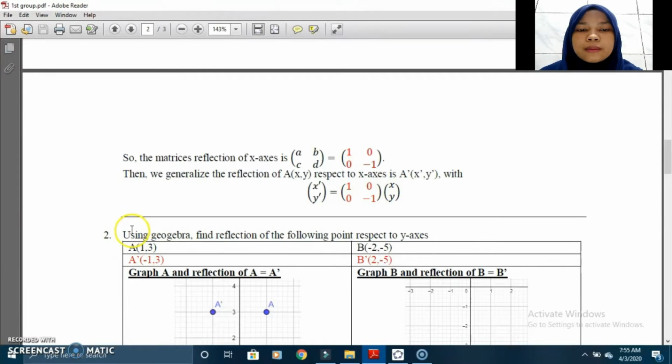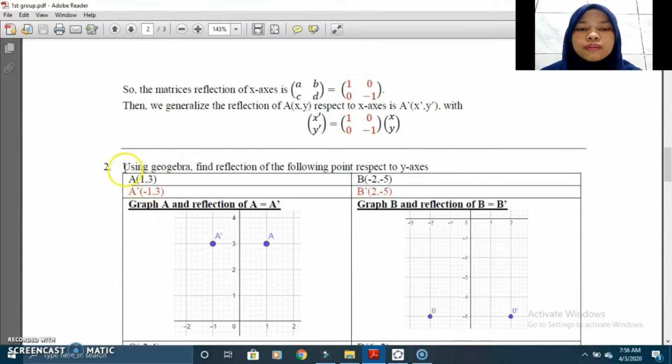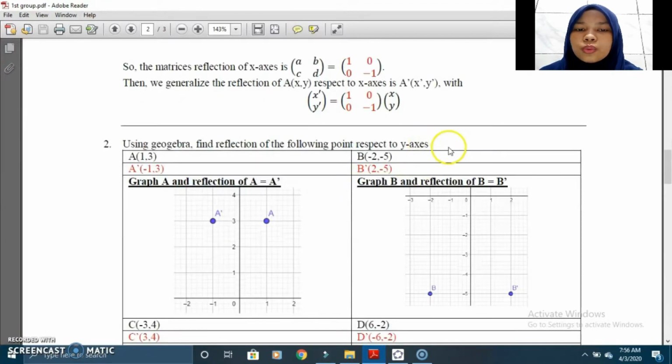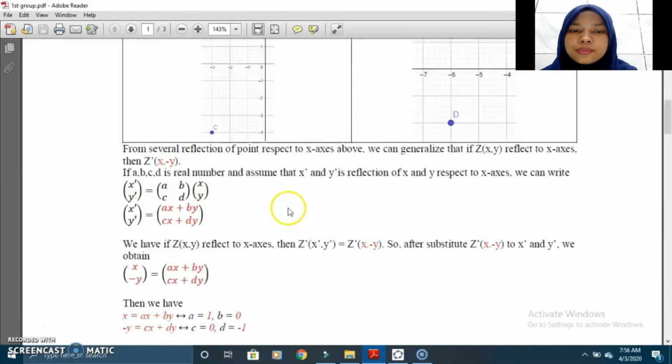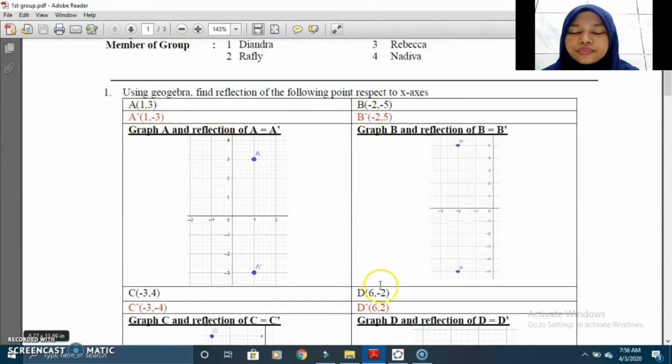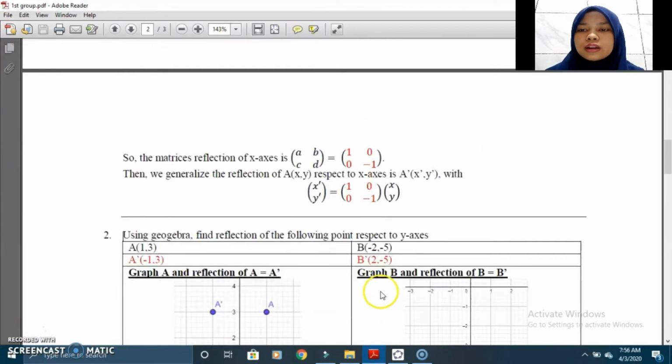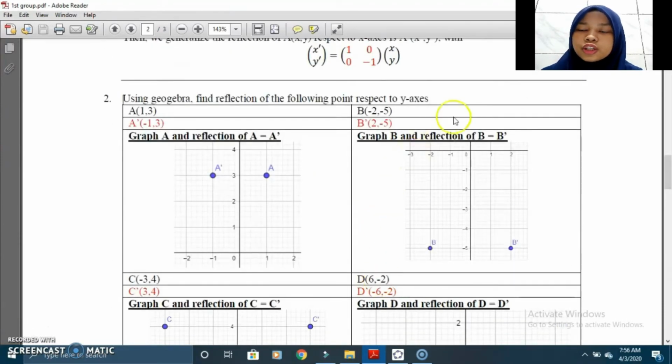And for number 2, using GeoGebra, find the reflection of the following points with respect to the y-axis. We have the same given points as the previous number, A, B, C, and D. Then we find the reflection with respect to the y-axis.